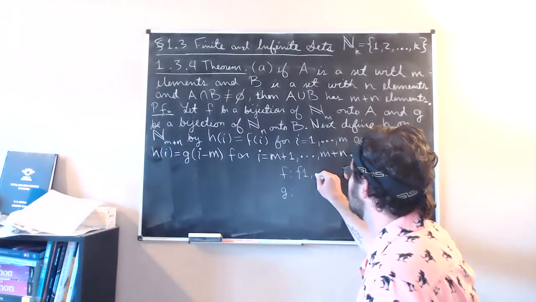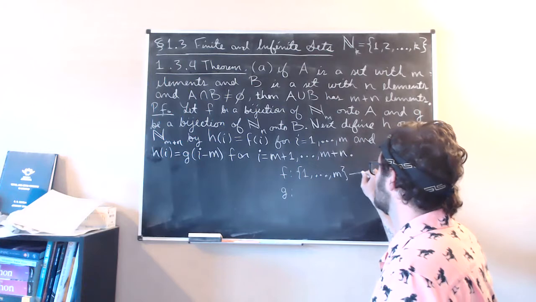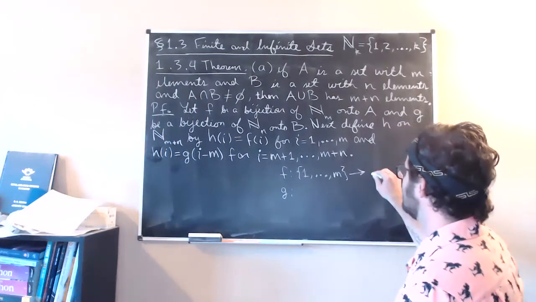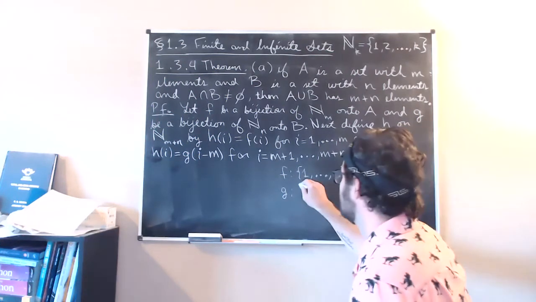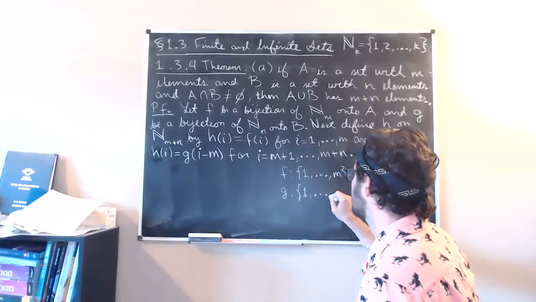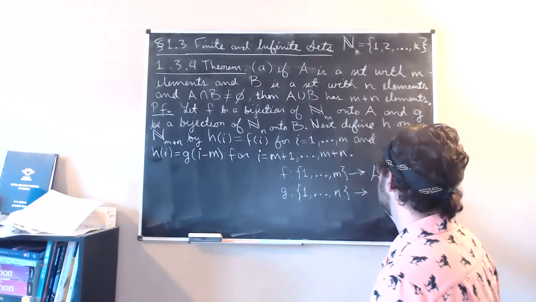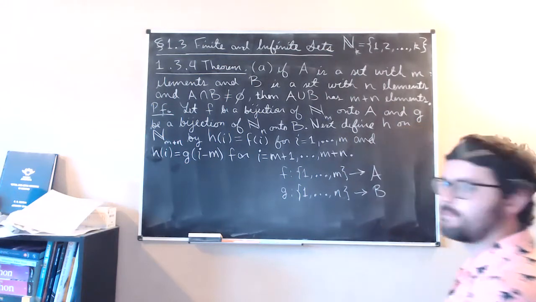So this is 1 dot dot dot up to m. So F is a bijection from that set to A, and G is a bijection from 1 dot dot dot n to B. Okay.